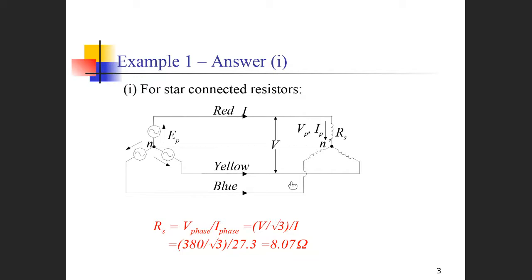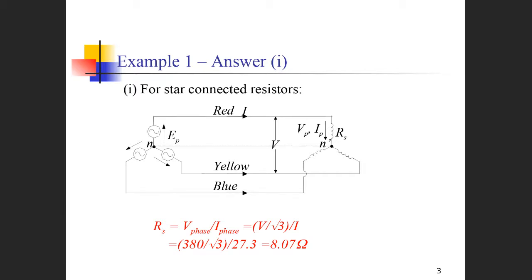In the star connection, the phase voltage is the line voltage over root 3, and the phase current equals the line current.